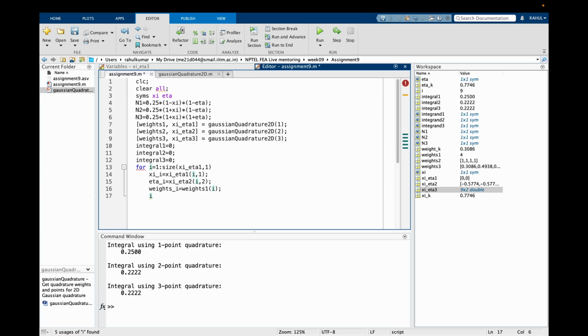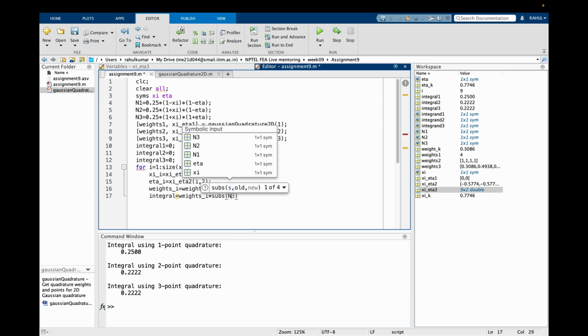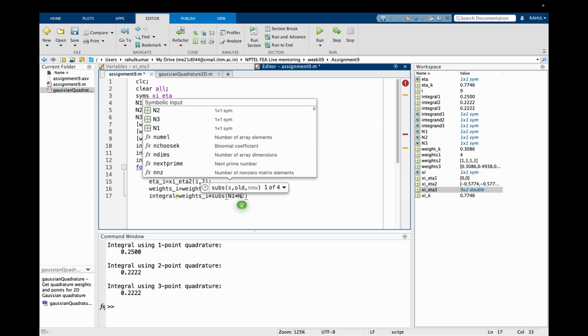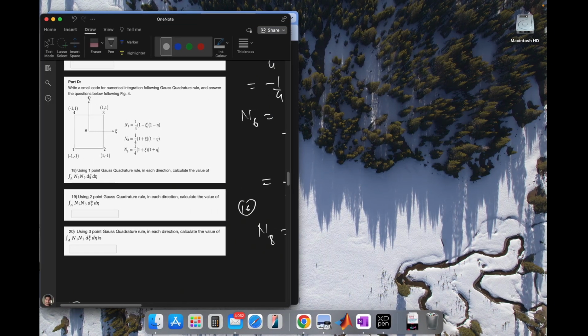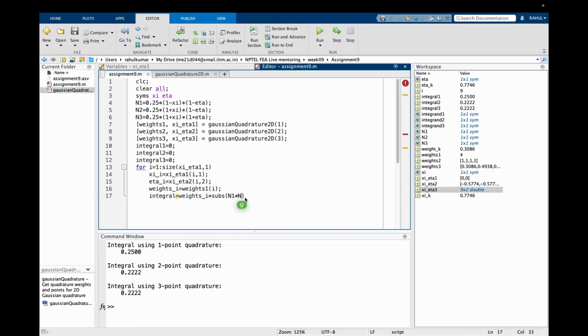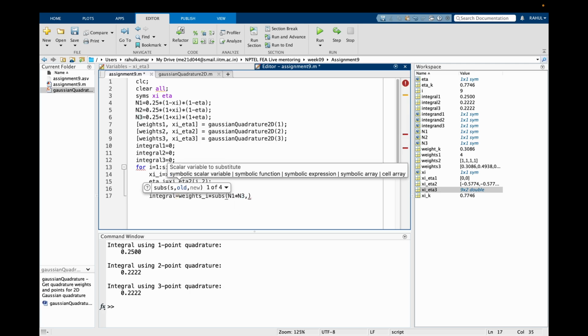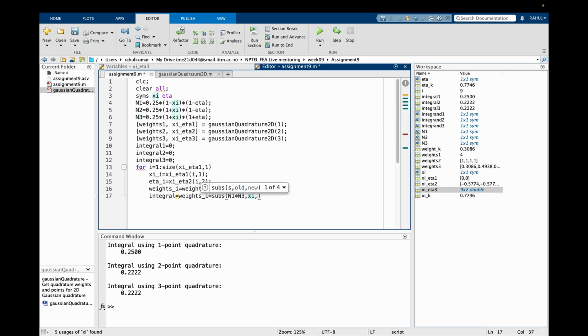Okay, now what will be the integrand? Integrand will be weights i into subs n1 into n3, and here we need to substitute first xi as xi i.